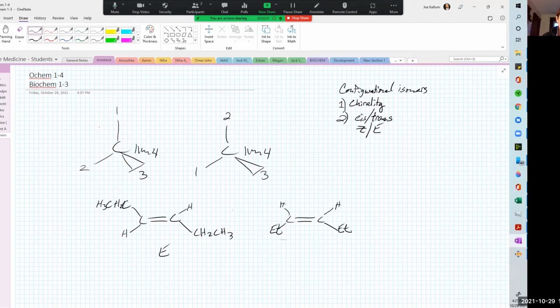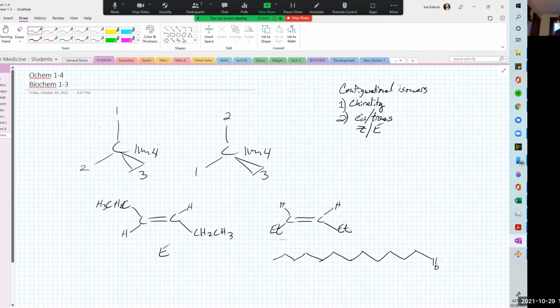The really potent example of this that I should have maybe drawn is a long chain fatty acid or something. Obviously the long chain fatty acids that look like this have the carboxylic acid at the end, but these have the highest melting point of all of the long chain fatty acids.